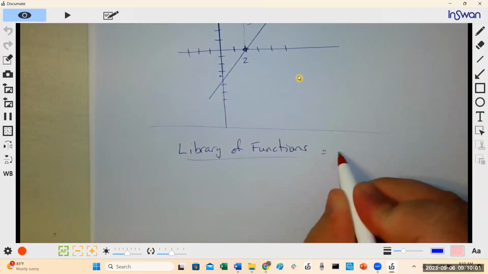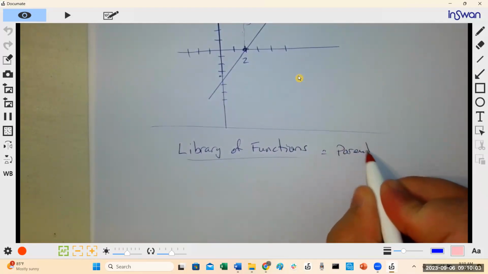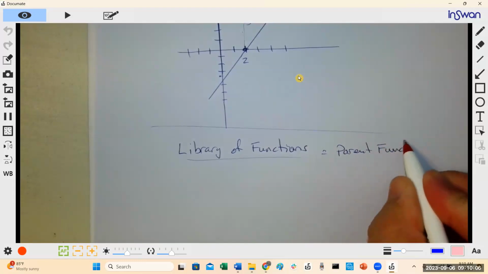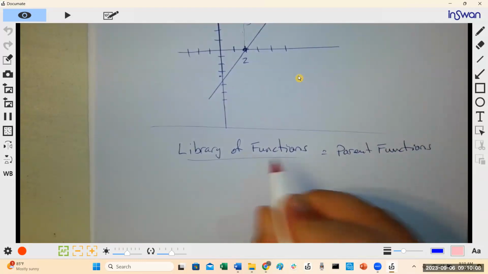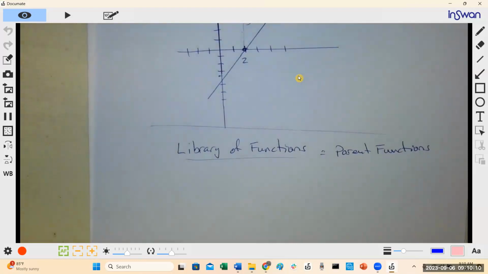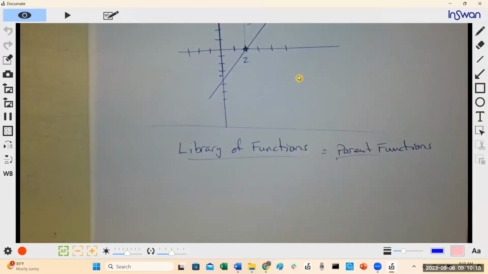In high school, they call it the parent functions, but it's actually a library of functions because you have more than two parents. So that's why I don't like the term parent functions.